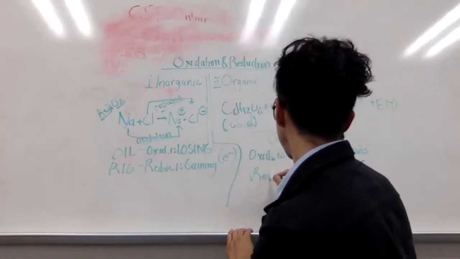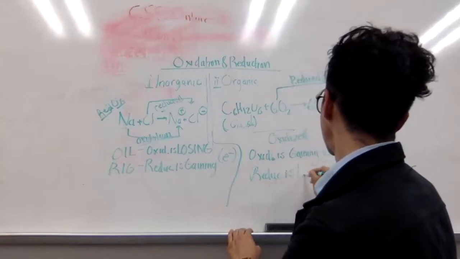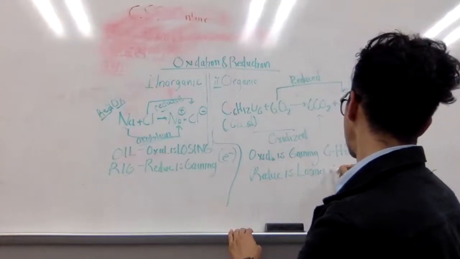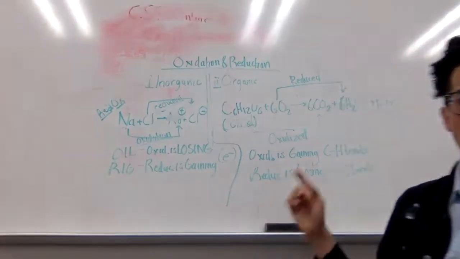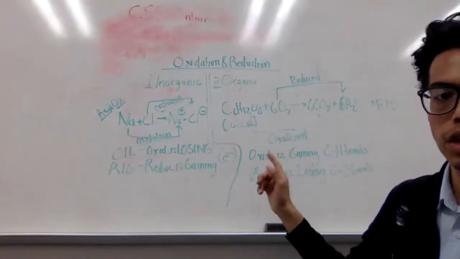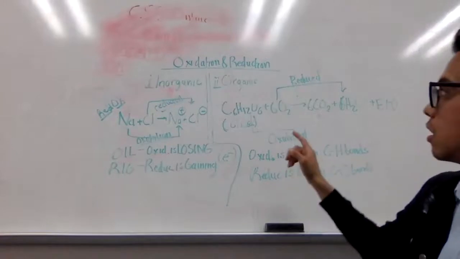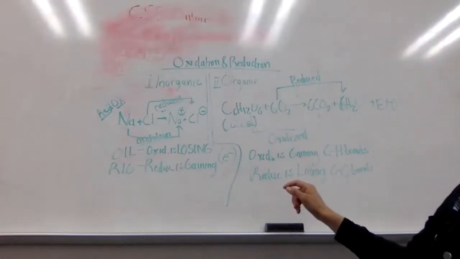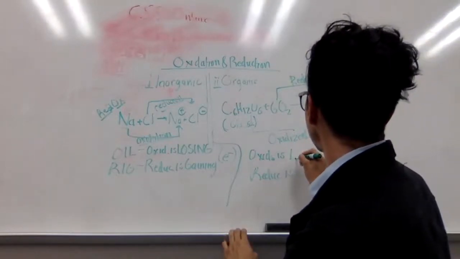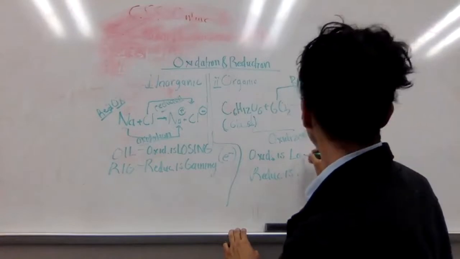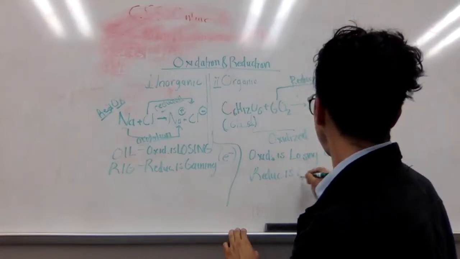Reduction, losing. Now, oxidation is gaining CH bonds. Did I write that backwards? Yes, I did. Is losing. Gaining.